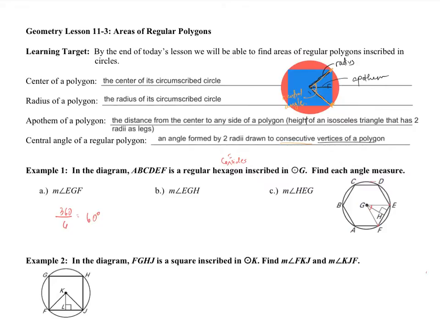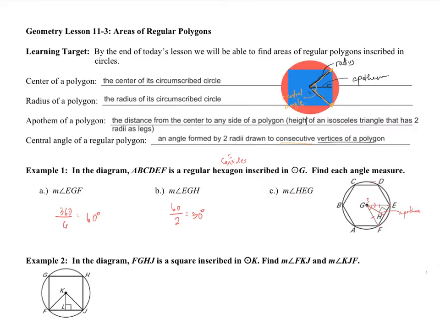And measure angle EGH. Well, since this is an isosceles triangle, then this apothem here must be the angle bisector. So I can take 60 degrees and divide by 2, which is 30 degrees. And angle HEG.